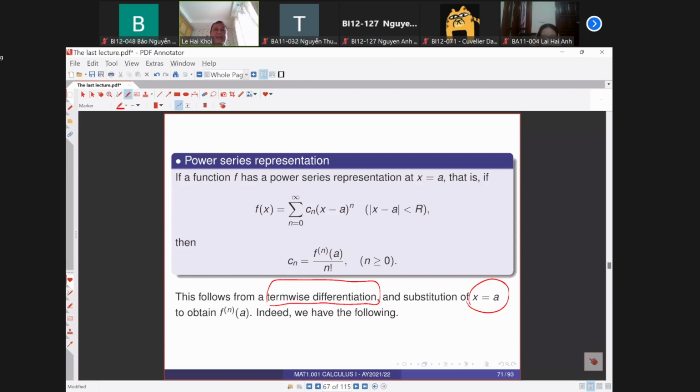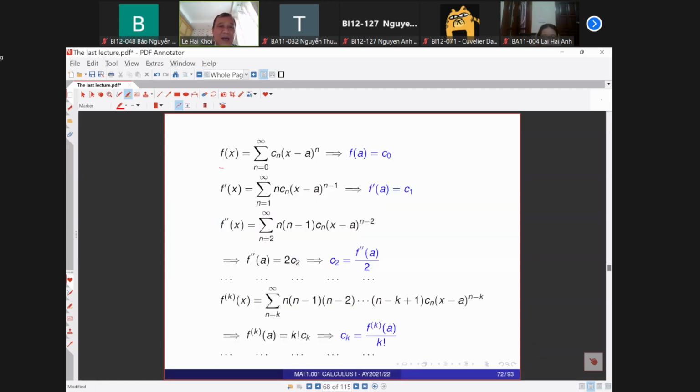More precisely, you see, f(x) here, then x equal to a gives you c0. After that, you take the first derivative. f prime is the sum of each term's derivative. And at x equal to a, you have 0 everywhere except the first term, which gives you c1 is f prime of a.